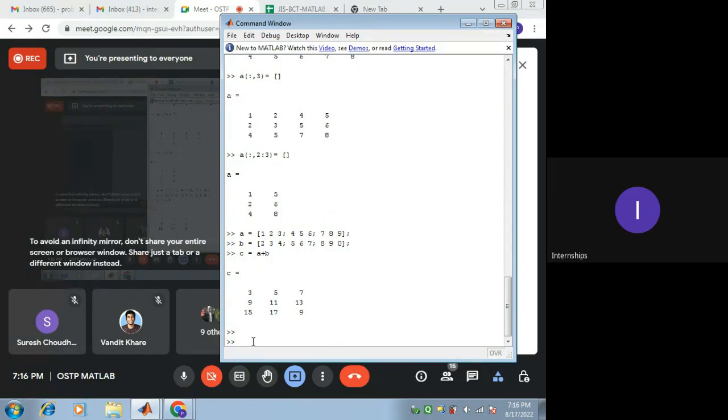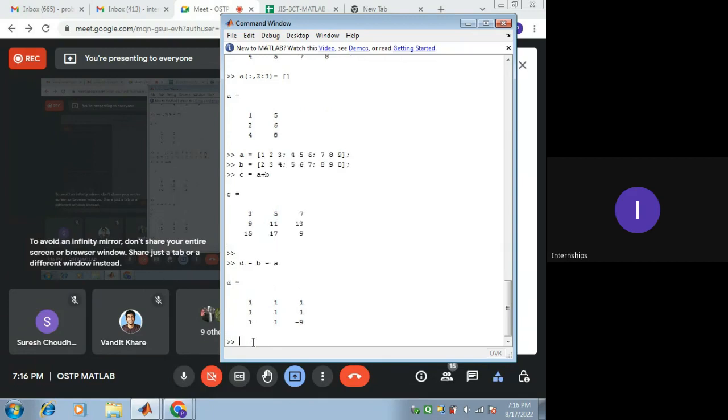And the same will be for the difference also. B minus A, we will get the difference also.